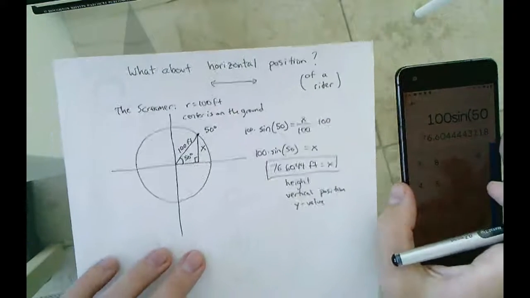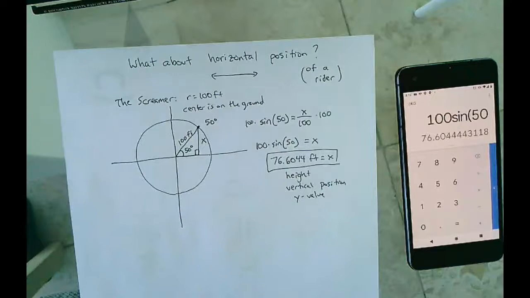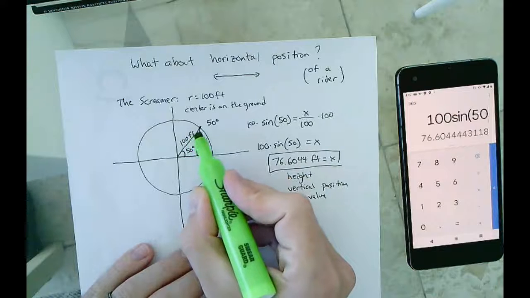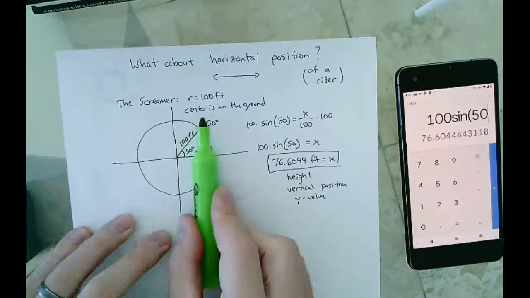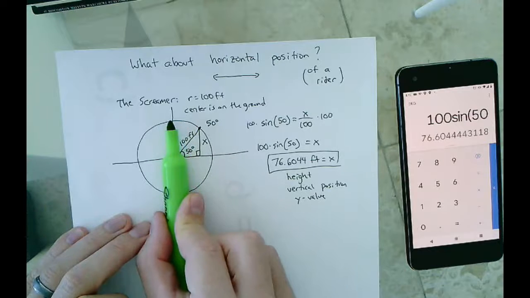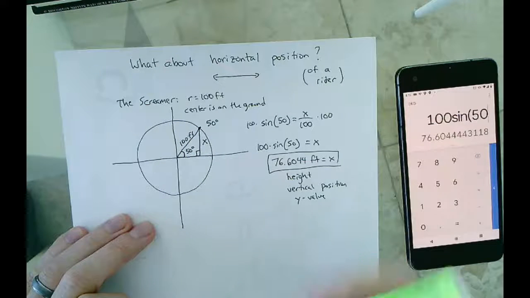Now, here's the thing. We've never asked about the horizontal, so I'm going to take my green highlighter right here. The horizontal distance for 50 degrees is how much distance it is to the middle, to the y-axis right here. And that right here is just going to be this distance right here.